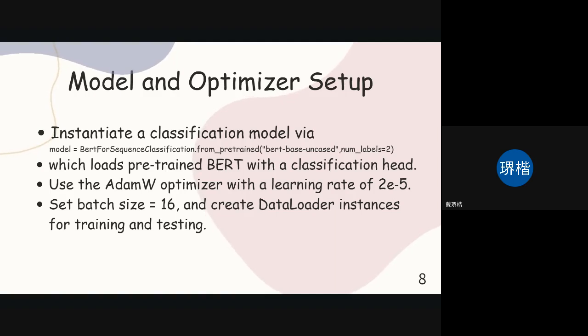Use the AdamW optimizer with a learning rate of 2e. How to read this? Set batch size 16 and create data loader instances for training and testing.